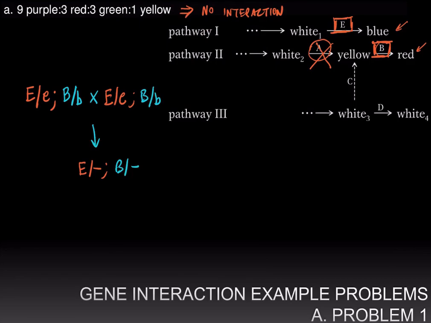So dominant phenotype for both the genes, or in this case you have enzyme for both of them.